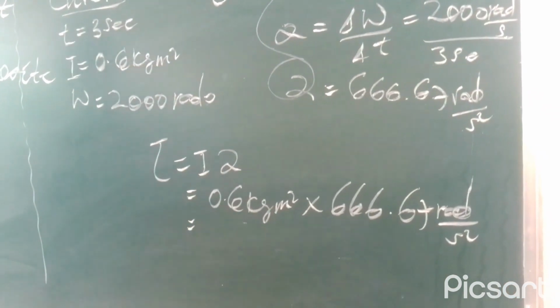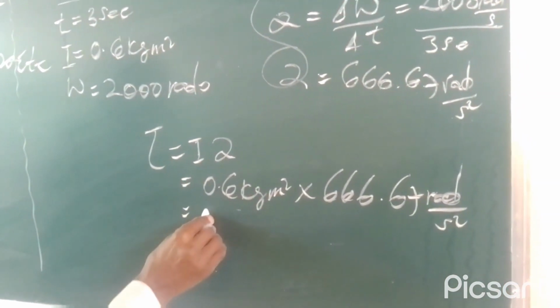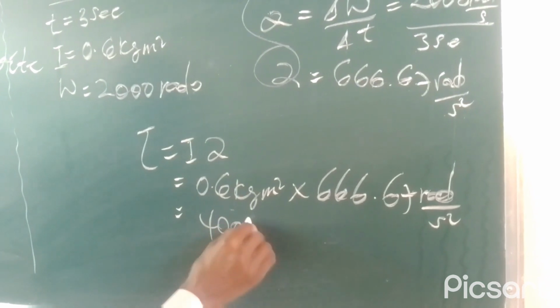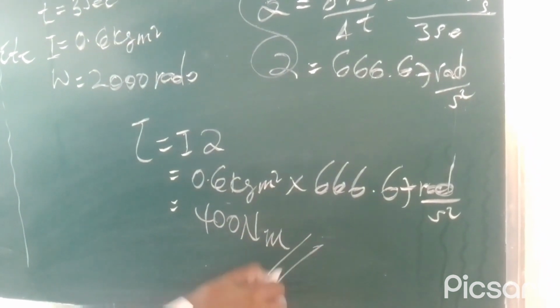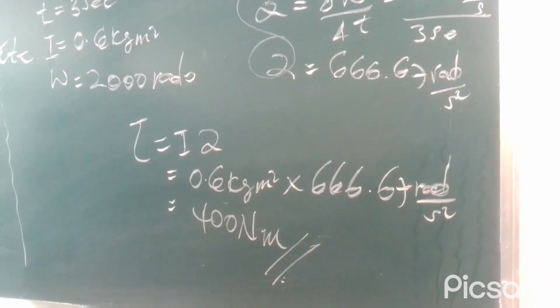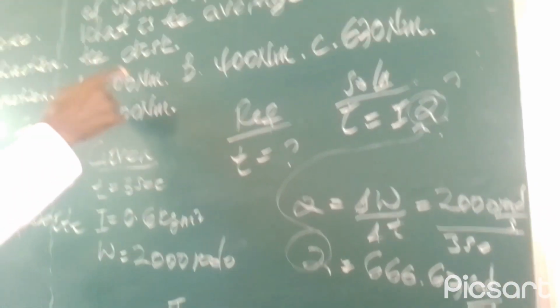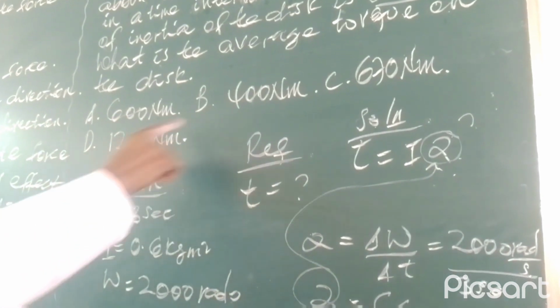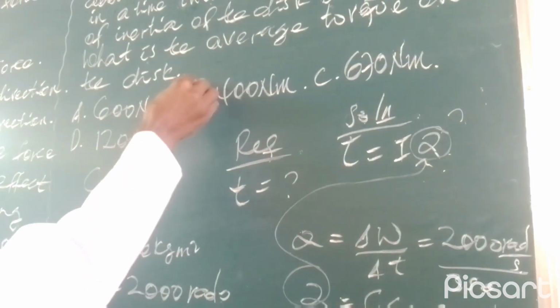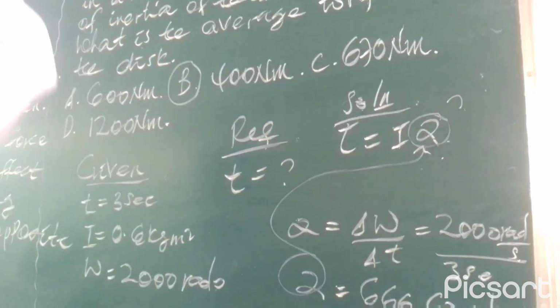The product is approximately 400 Newton meter. So this is our solution. Comparing it with the given choices, the first is 600, the second is 400. So the answer is B.